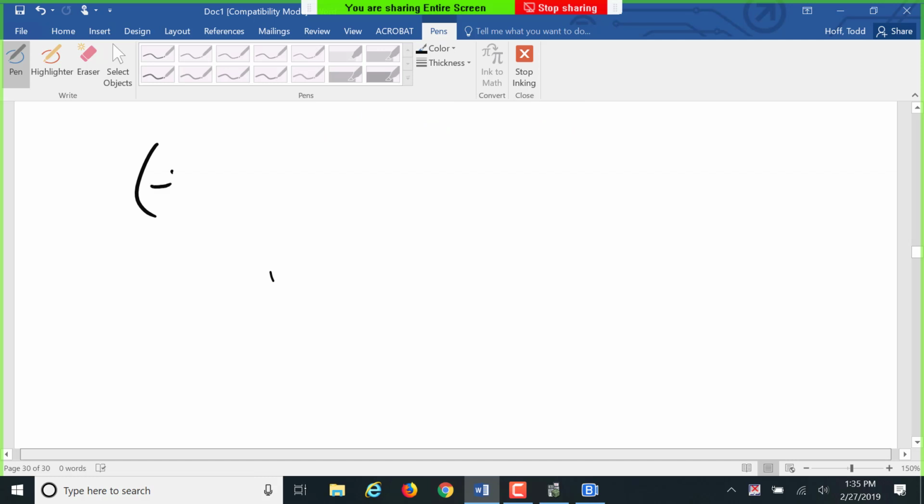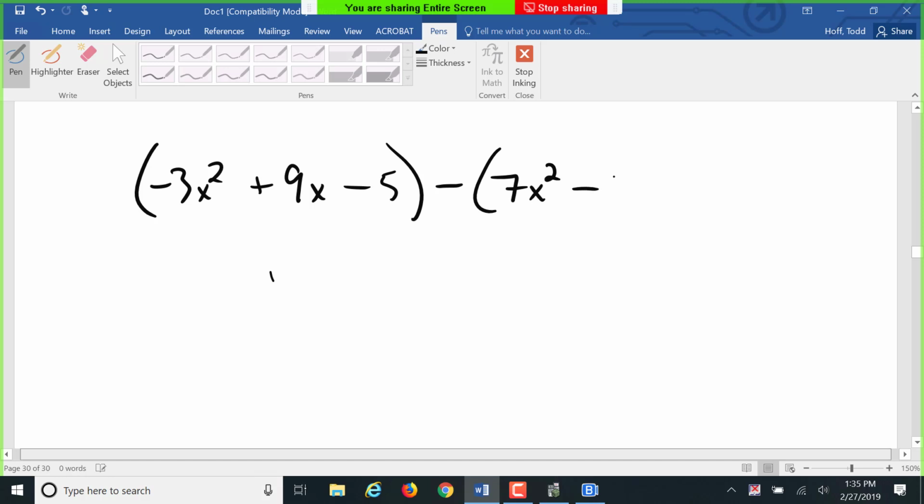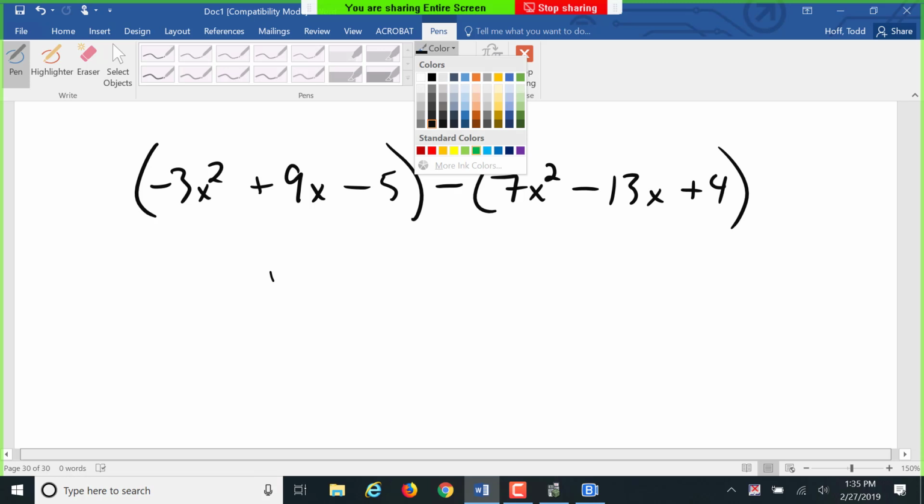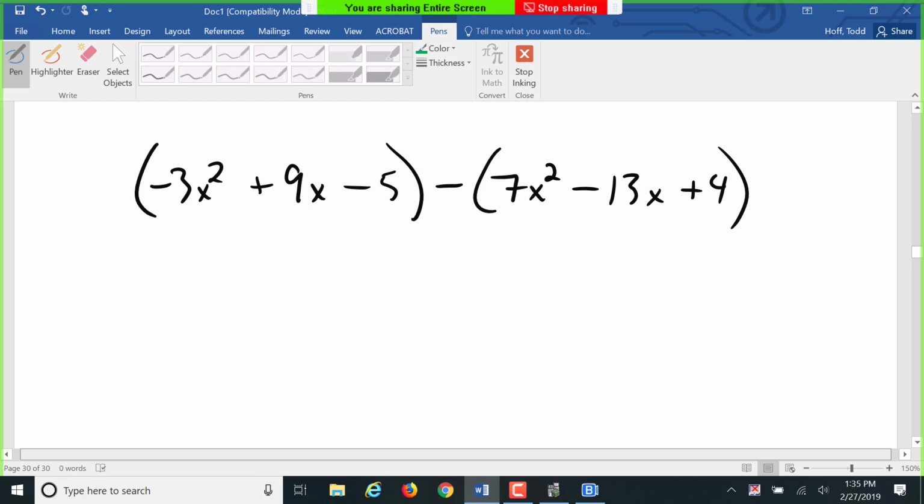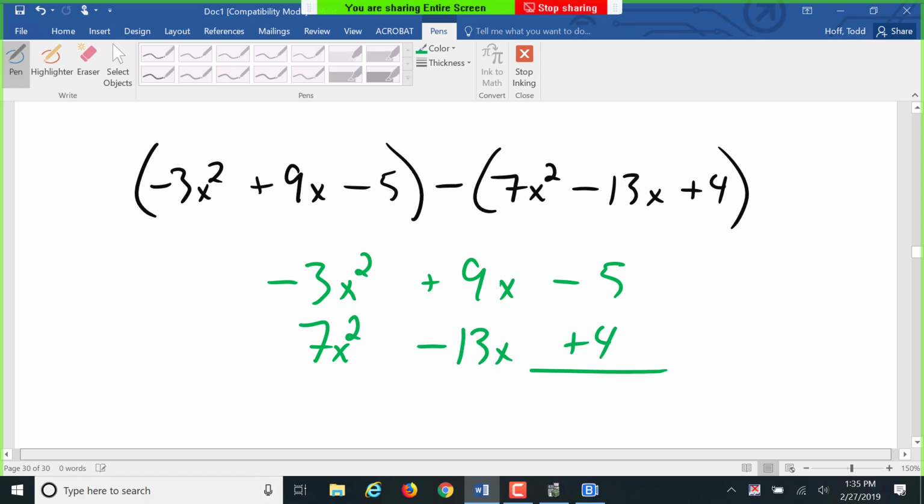We can have negative 3x squared plus 9x minus 5 minus 7x squared minus 13x plus 4. We'll still line this up just like we have any of the others. Remember that we are subtracting down each column.